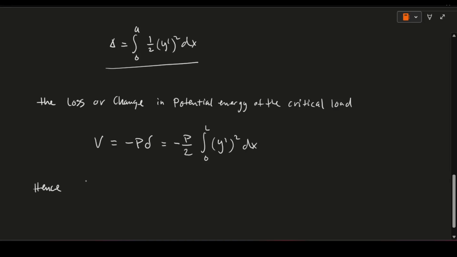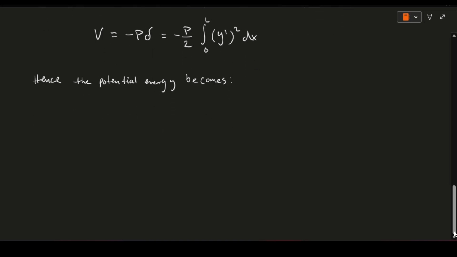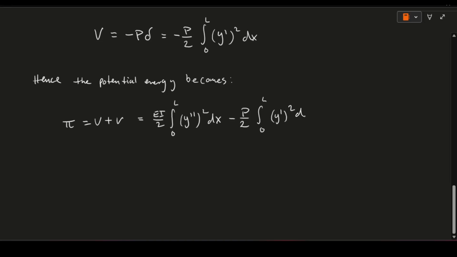Hence, the potential energy becomes pi is equal to U plus this V, which is EI over 2 integral from 0 to L of y prime prime squared dx minus P over 2 integral from 0 to L y prime squared dx.